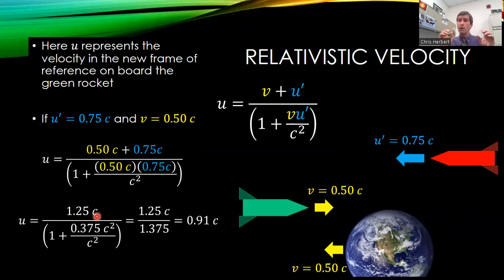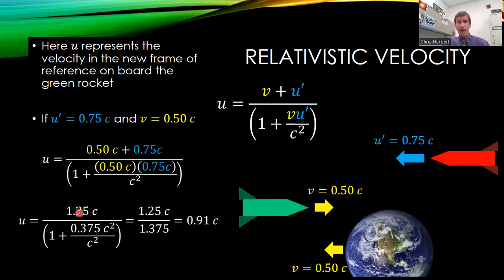So in Newtonian physics, in the Galilean way that we would apply this, we would say the red spaceship is just coming at me at 1.25 times the speed of light. That violates relativity, it doesn't work with relativity. I can't have something that's superluminal, something traveling faster than the speed of light, regardless of what science fiction tells you.